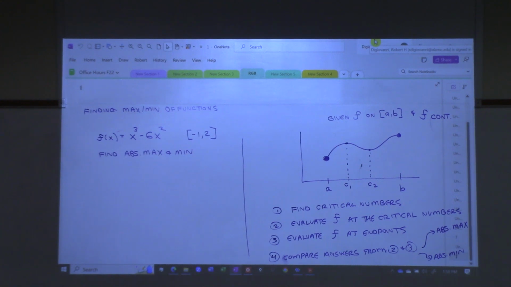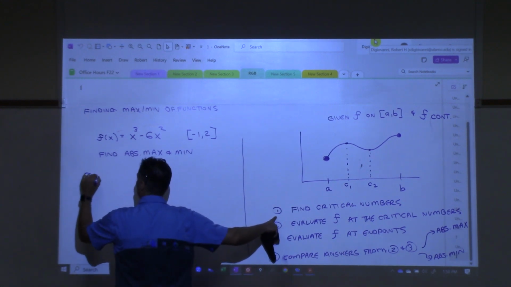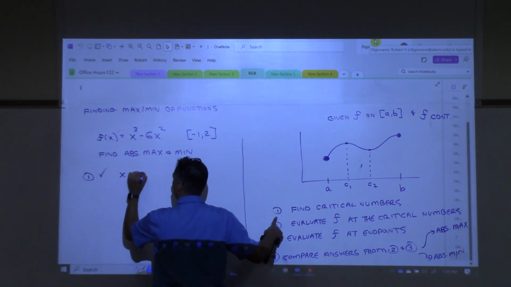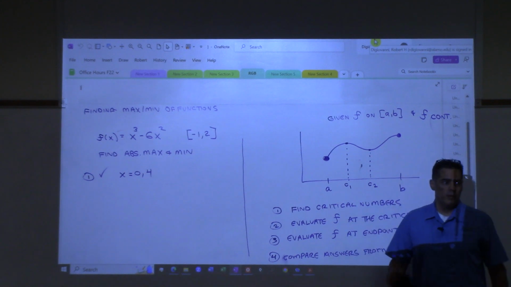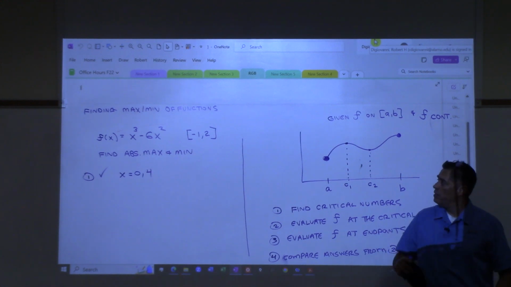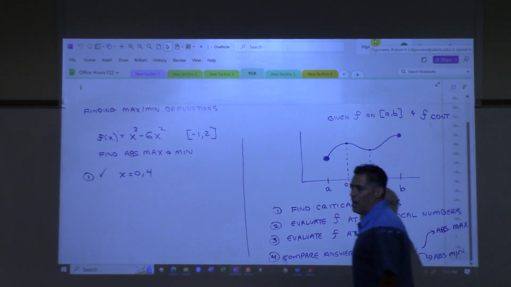First step, what do we do? We did that step already, right? I'll put a check here. What did we get, 0 and 4? Now, what are we supposed to do with those answers? Make sure they are in the domain of the function. Now, I've restricted the domain, haven't I? So are 0 and 4 in that domain? Well, 0 is, but not 4, right?